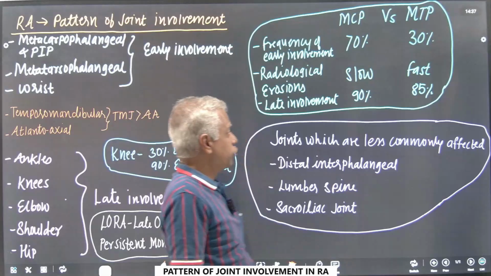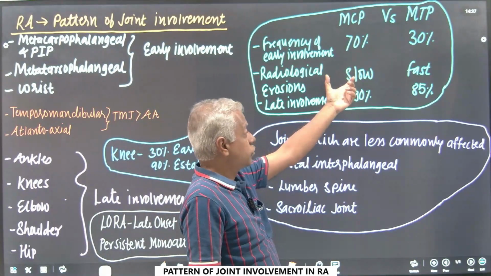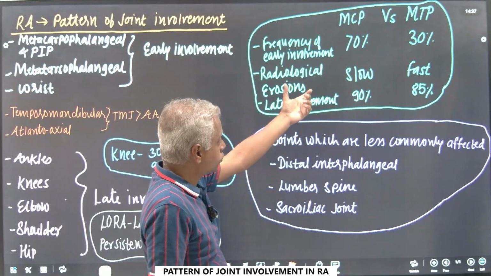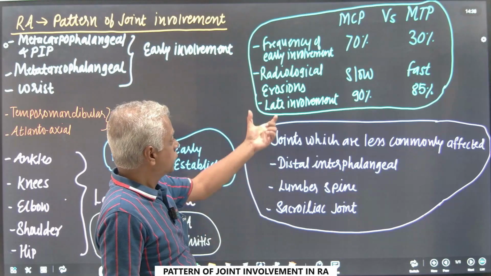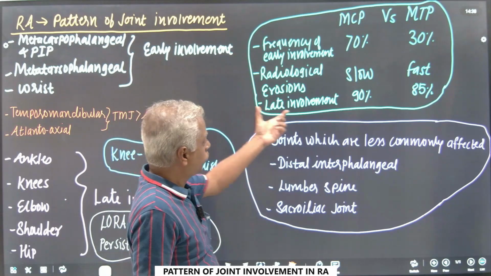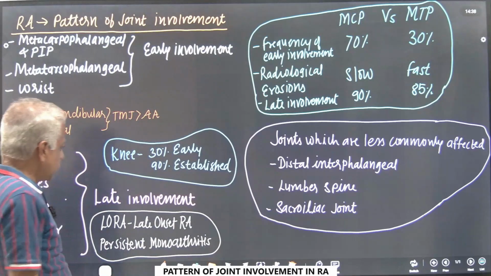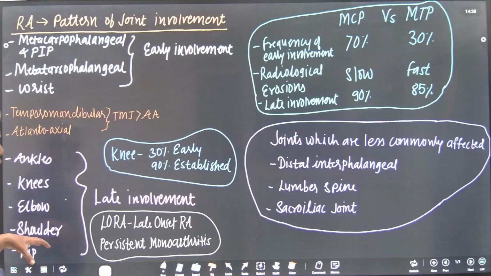MCP versus MTP we have seen, where we get more chances of damage to the cartilage and the bones in the MTP because of the weight bearing there. And this late involvement, if you see, the figures are almost the same. Okay. So with this information we will try to go further.